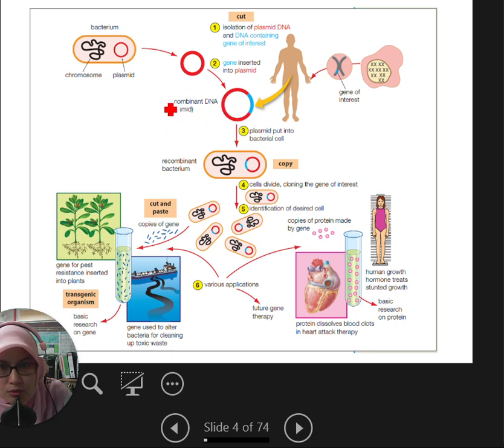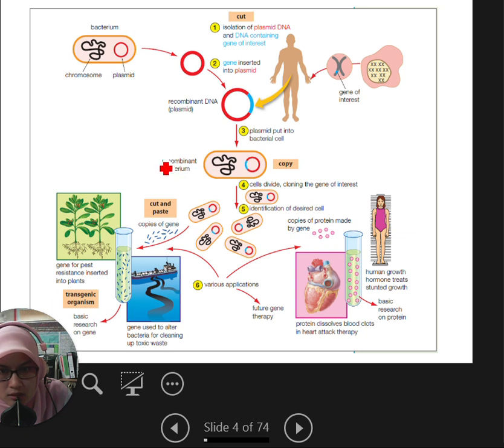Recombinant DNA is a mixture of the original DNA plus a sequence of DNA from another organism. Then you transform the plasmid back into the bacterial cell. Now, this is the original. You see there is no blue sequence?